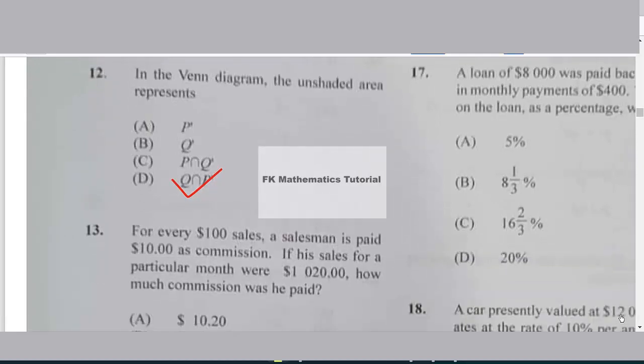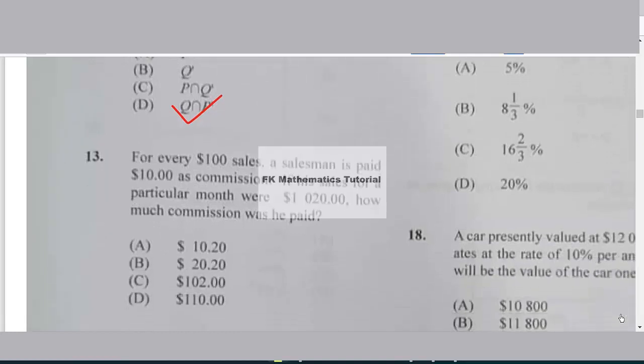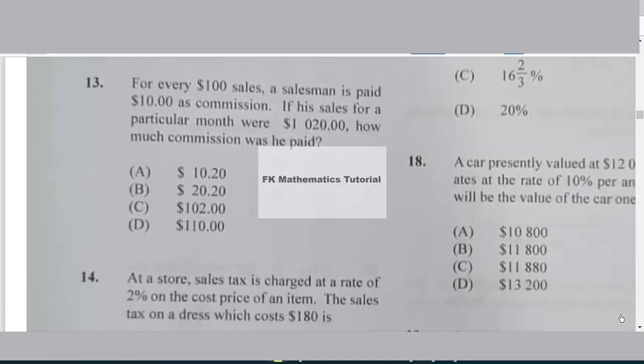Now look at number 13. For every $100 sales, a salesman is paid $10 as commission. If his sales for a particular month were $1,020, how much commission was he paid?